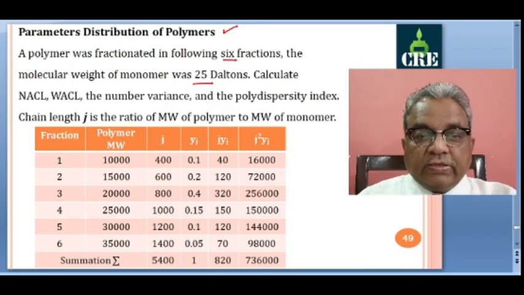So chain length J is the molecular weight of polymer divided by that of monomer, which is 25. So the corresponding J for each fraction is the polymer molecular weight divided by 25. We get 400, 600, 800, 1000, 1200, 1400.